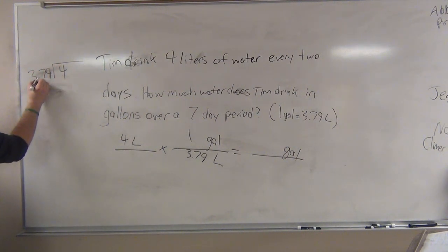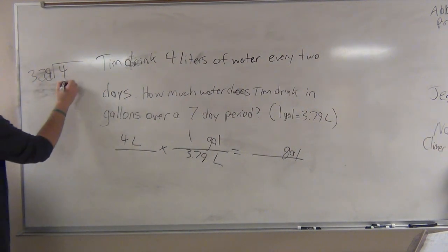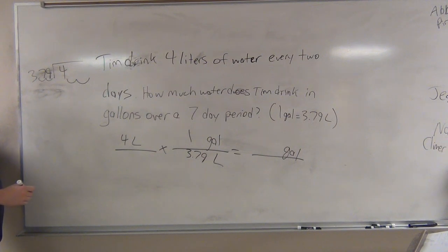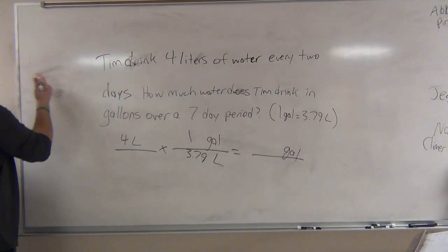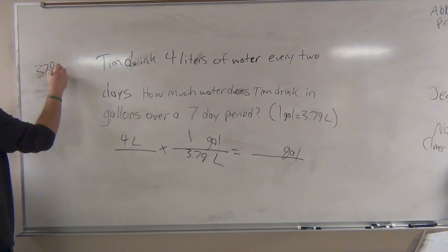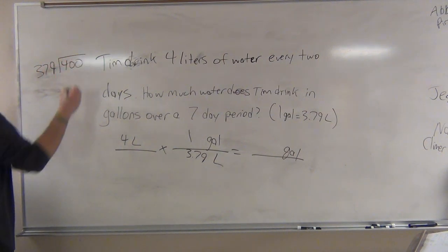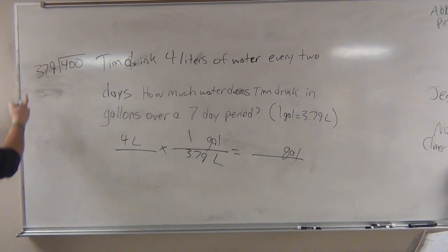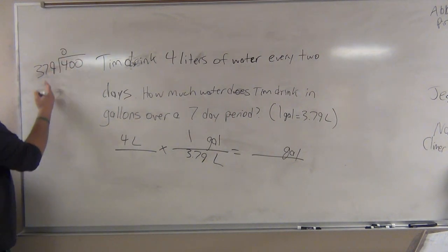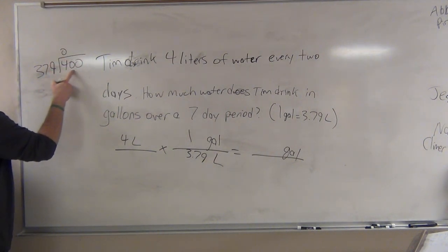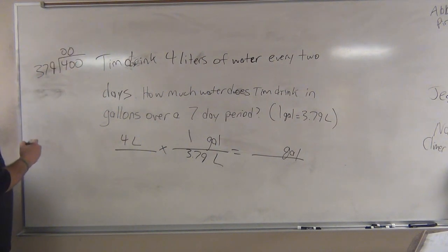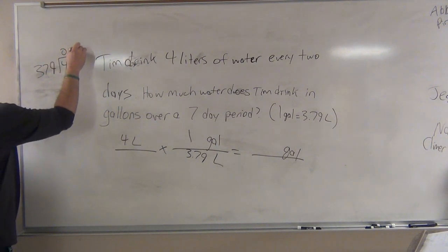I can't do that. I turn this into a whole number. Well, if I hop on the outside, I've got to hop on the inside. So the real question I end up solving is 379 divided into 400. Well, the 379 doesn't fit into the 4, doesn't fit into the 40. It does fit into the 400 one time.